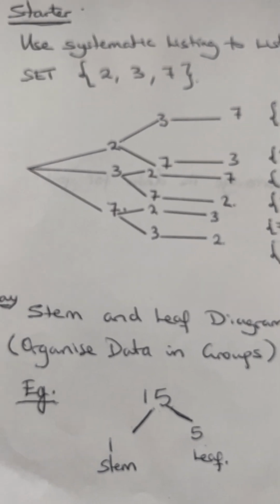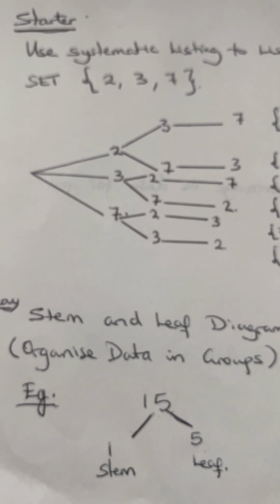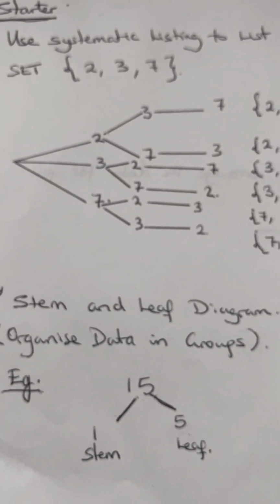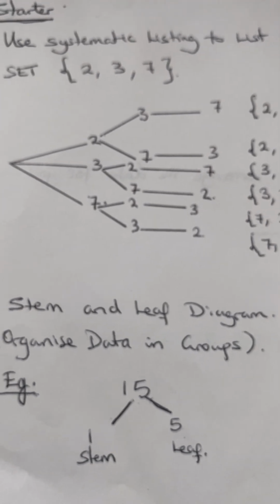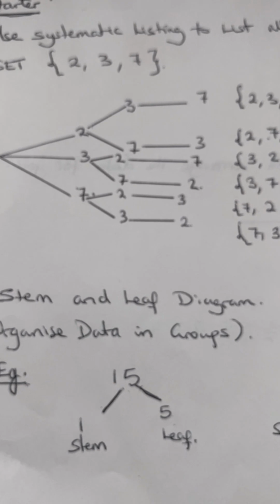Today we want to talk about the stem and leaf diagram. It's another way of organizing data in groups. If you have a whole set of numbers, another way of organizing them is to use the stem and leaf diagram. So for instance, assuming this is a tree, that is your stem and that is your leaf.